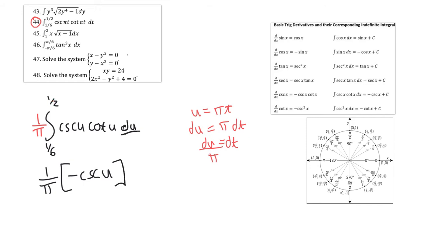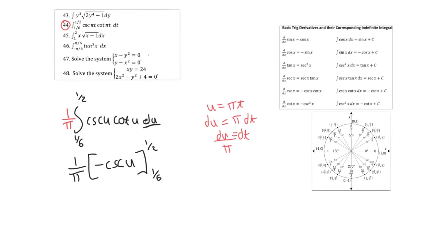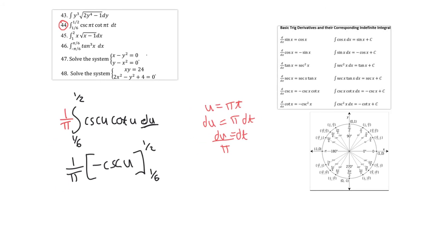So we're going to put that up here. It's 1/2, 1/6. And let's work this out. I'm going to say let's keep the 1 over pi on the outside. And we're just going to do substitution here. It's clearly pi times t.